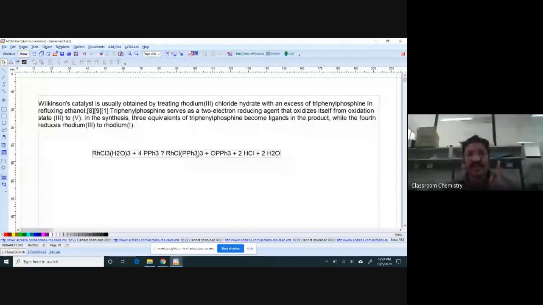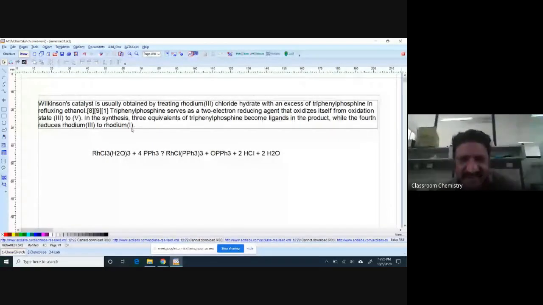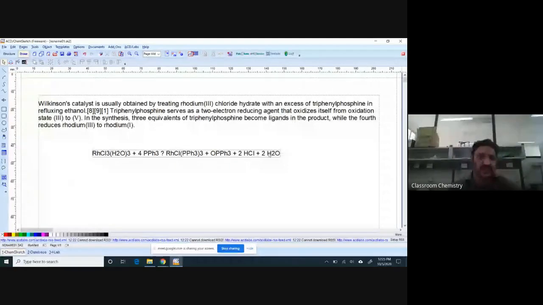So one triphenylphosphine molecule reduces rhodium(III) into rhodium(I), and HCl and H2O are the byproducts. All of you understand this?